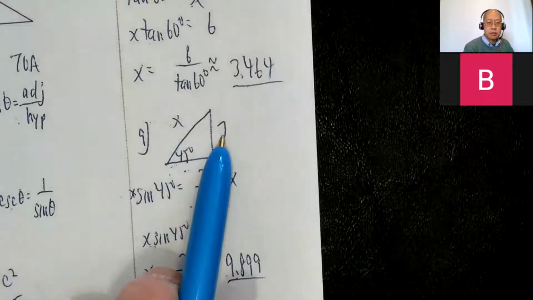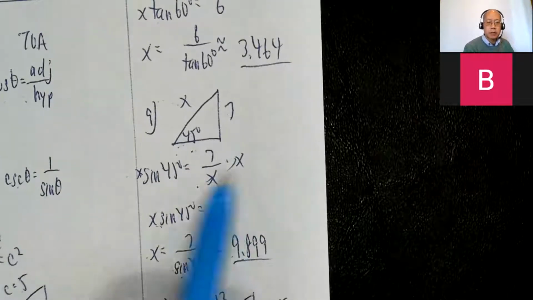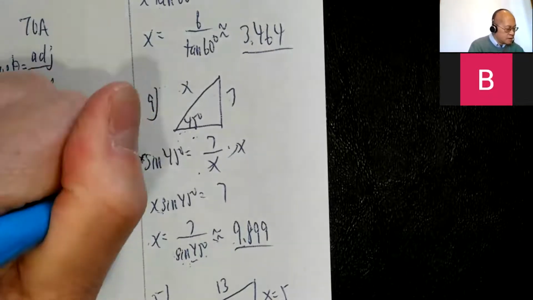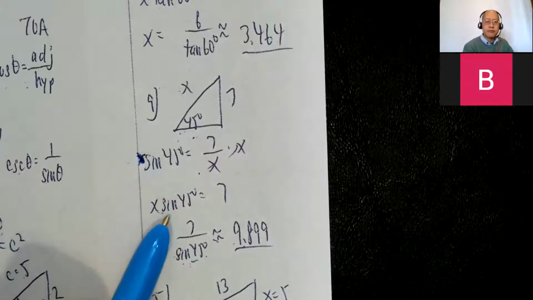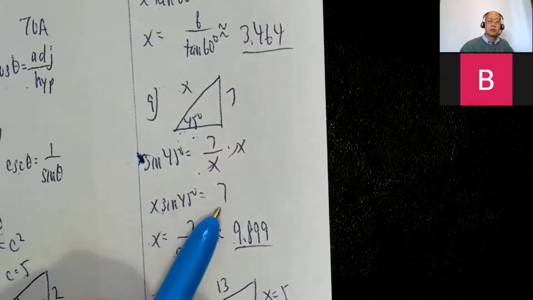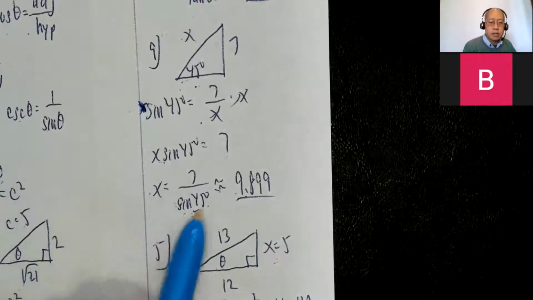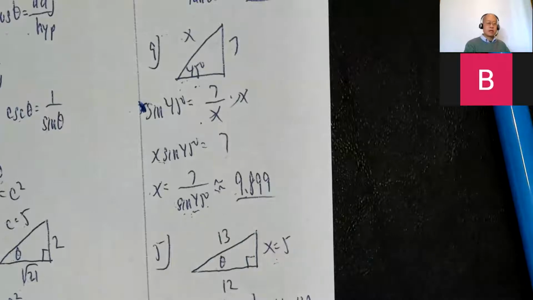Opposite over hypotenuse. Sine of 45 degrees is 7 over x. Multiply both sides by x. X sine of 45 equals 7. Divide by sine of 45. X is 7 over sine of 45 degrees. 9.899.